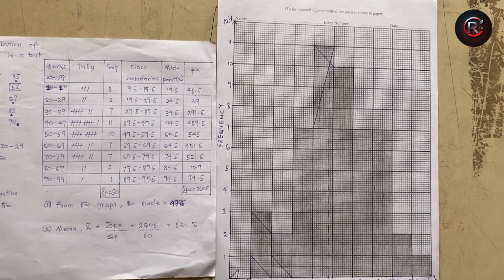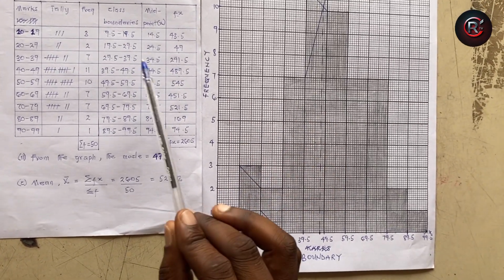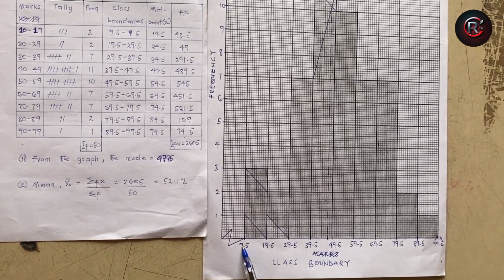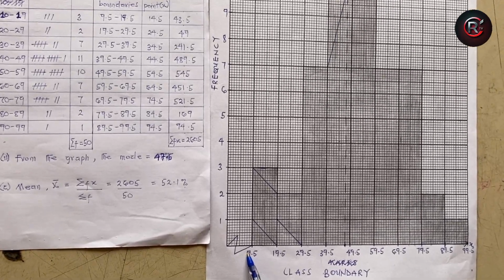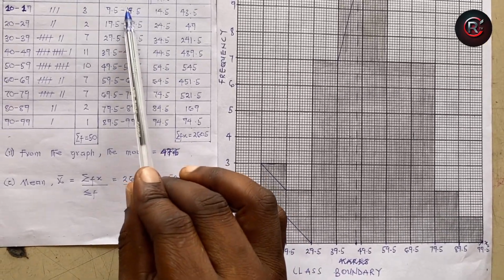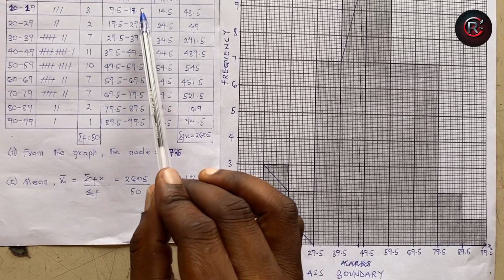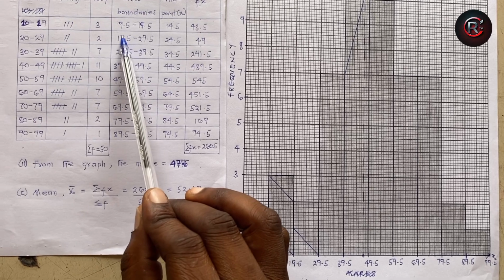Then on the horizontal part, we are going to put our class boundaries there. And the first class boundary starts from 9.5. So here we put our 9.5, as you can see, and you have 19.5. What happened here is that the ending part of one boundary is the starting part of the other.